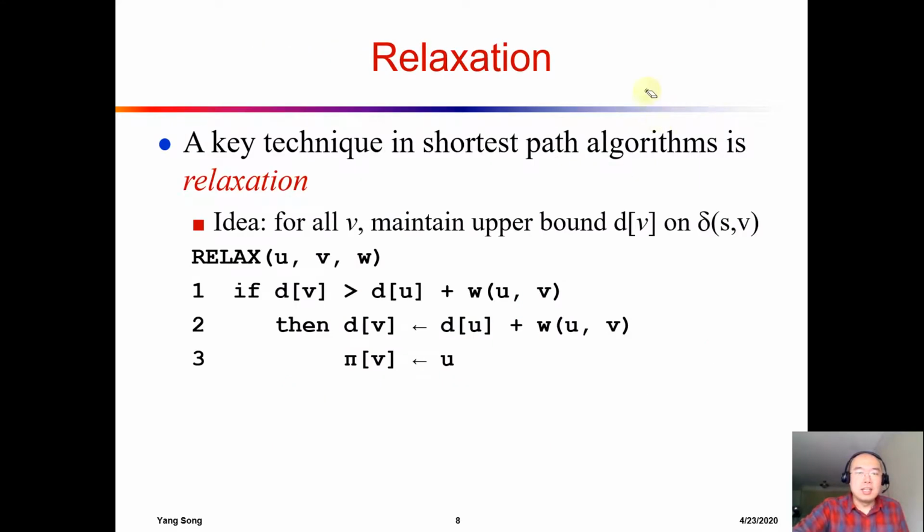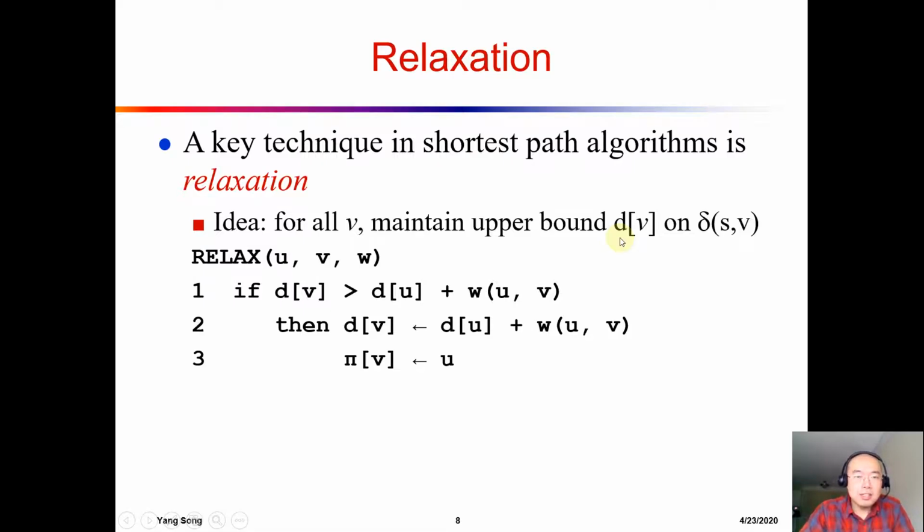Okay. So before we move on and talk about the algorithms for finding the shortest paths, we have to understand an algorithm called relaxation. For relaxation, we have node U and node V, and the weight between U and V. We are using d to record the current upper bound of the cost to get to U and V. That is the list of d.